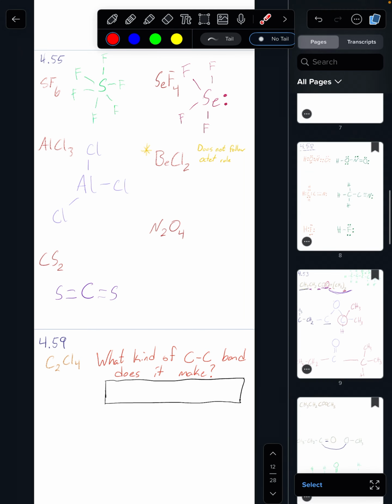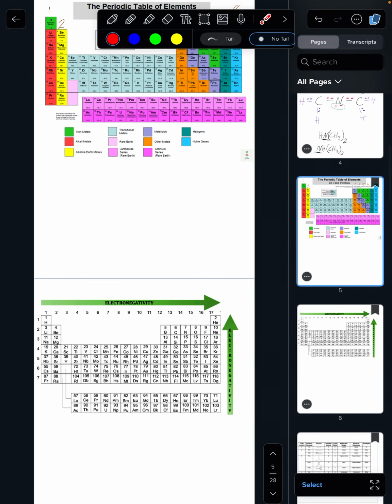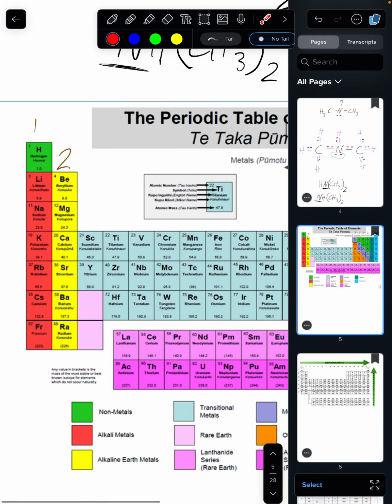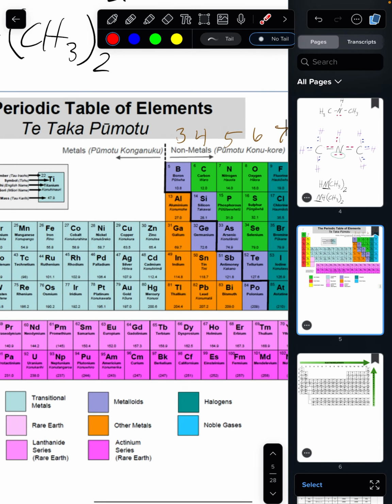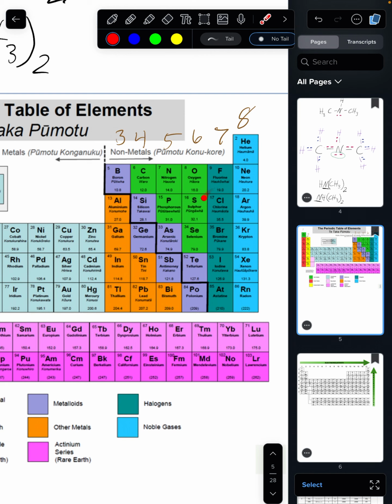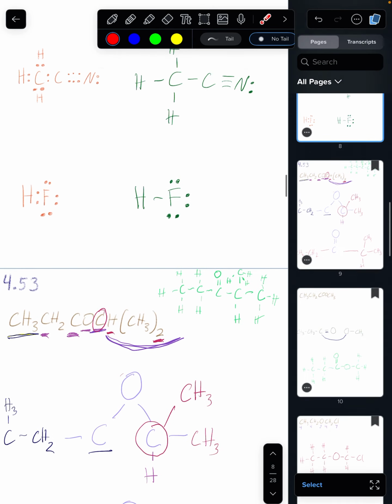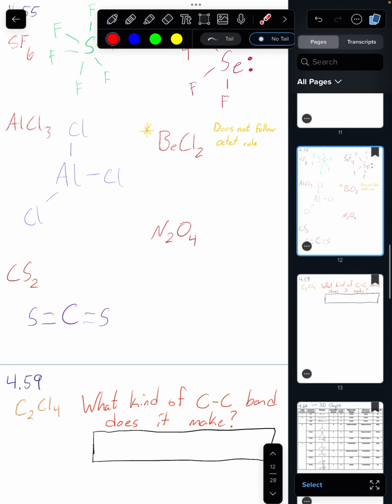In the case of this, it does not follow the octet rule. It's one of the few weird ones. In some cases it does. You can see it's over here: beryllium, and it has 2. And a chlorine here is that 7. So, we know our beryllium, each one's going to have chlorine.